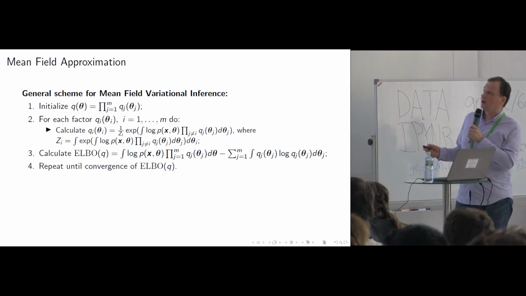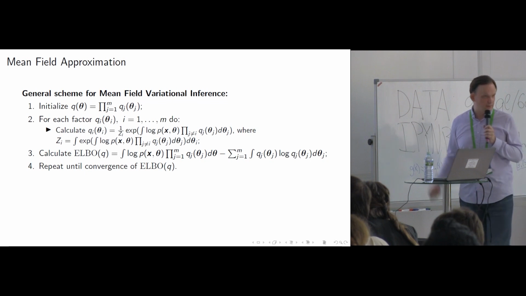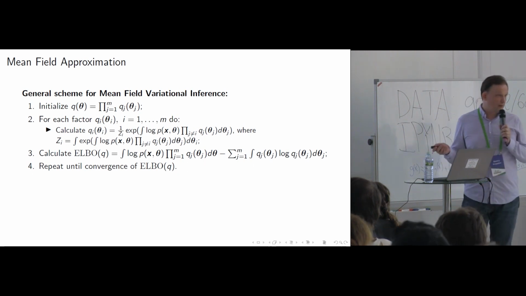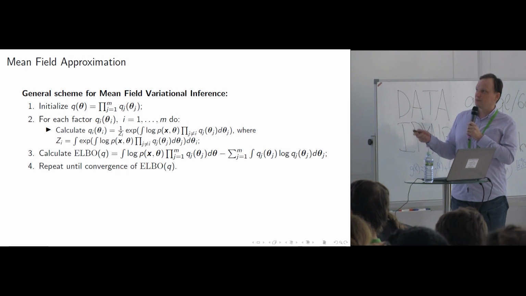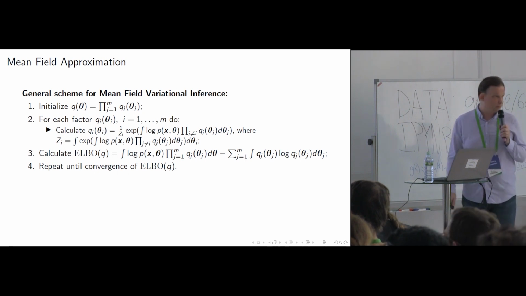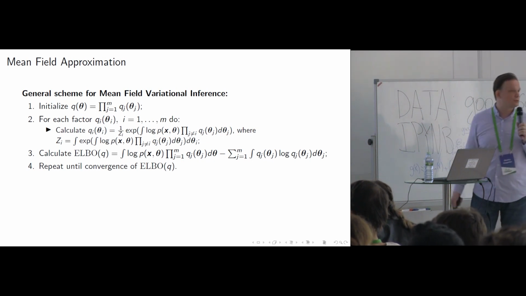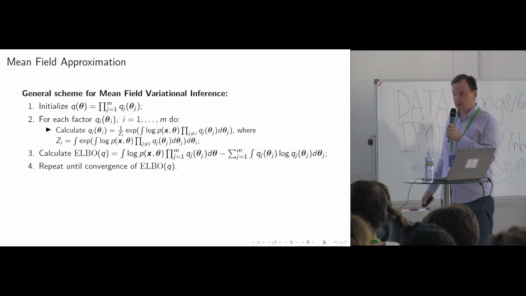Then, in a loop for each factor, we recalculate this factor, given all other factors fixed, using this formula that is derived on the previous slide. Do it for each factor, then we calculate our ELBO criterion function. This ELBO actually involves integrals that are very similar to the ones that are needed to make a recalculation, and repeat. Do this until convergence of our ELBO criterion function, where we want to find the stationary point.